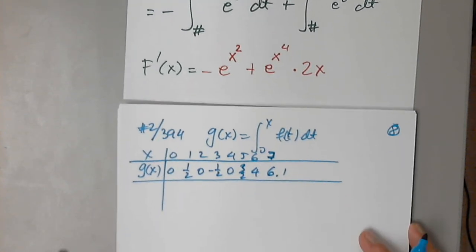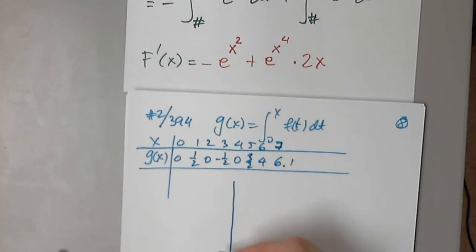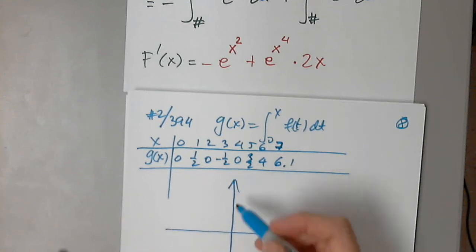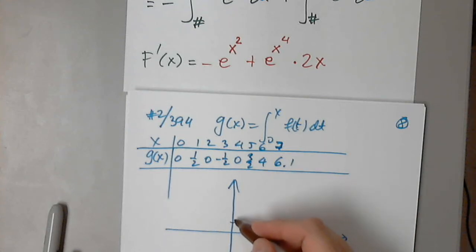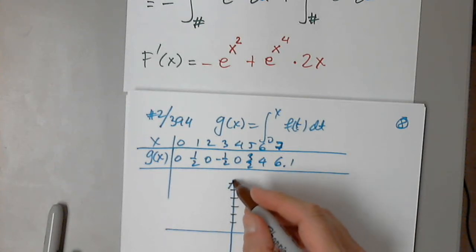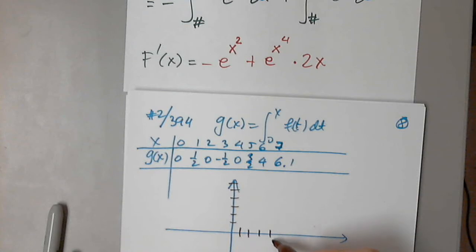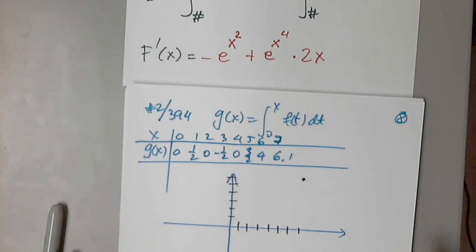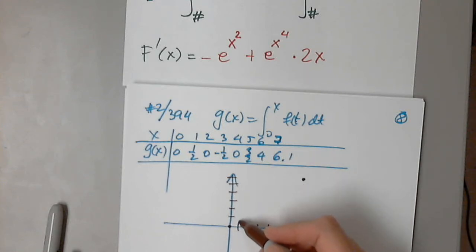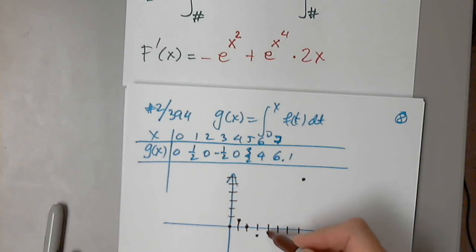So now I'm asked to graph this, no problem. It will be a rough graph. So it goes 1, 2, 3, 4, 5, 6, 7, and up to 6.1. At 0 it is 0. At 1 it is 1/2. At 2 it is 0. At 3 it is negative 1/2. At 4 it is 0. At 5 it is 1.5.